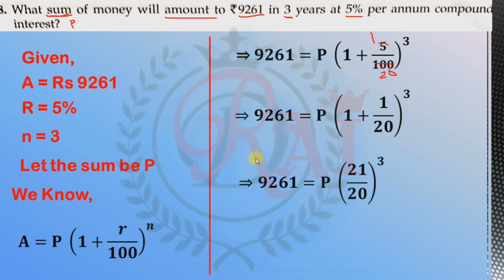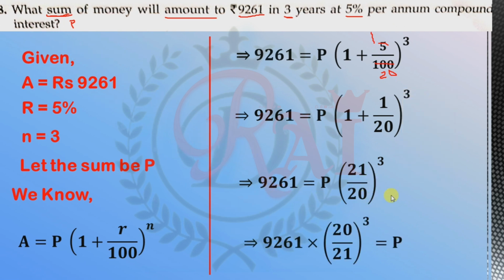Now 9261 is equal to p, 20 into 1 is 20, plus 1 is 21, divided by 20 cubed. I need to find the value of p, so this 21 by 20 will go to that side, and by cross multiplication I'll get 9261.